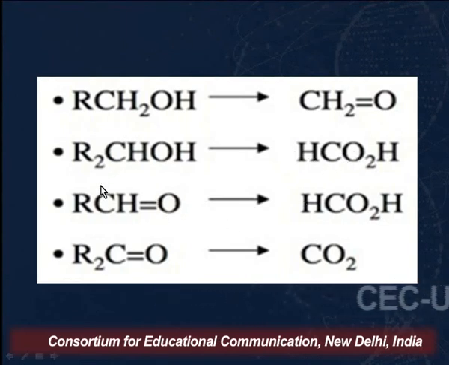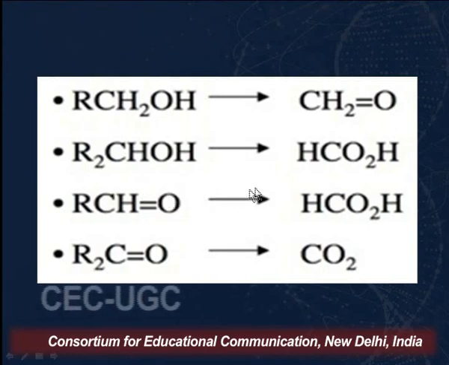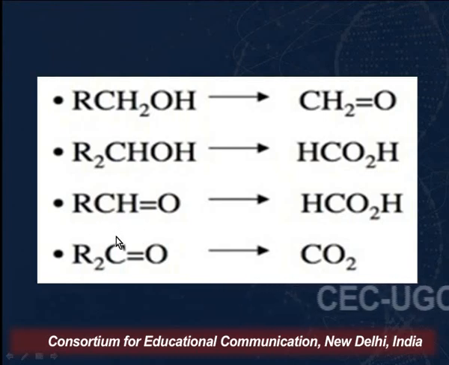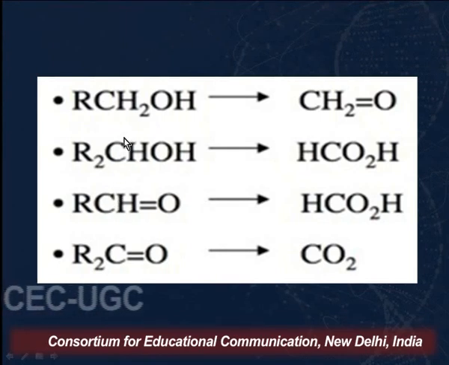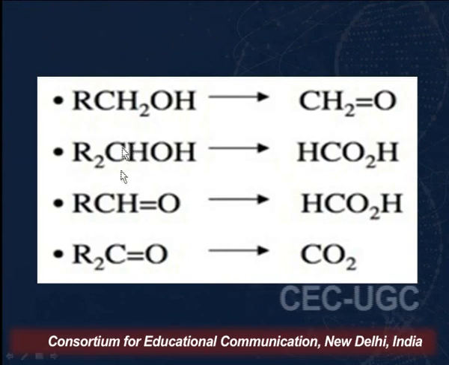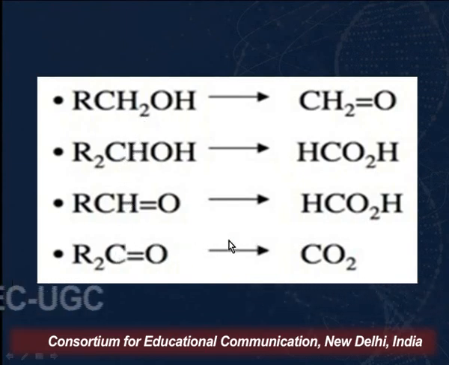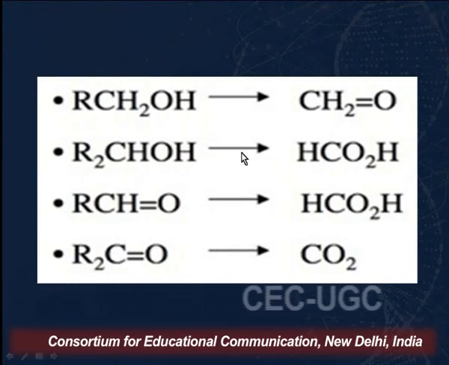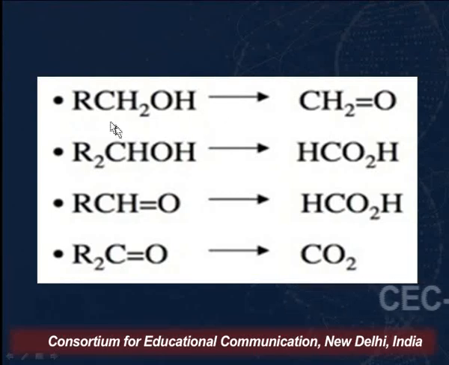And if it is an aldehyde group, which will always be at the first carbon, it will again be converted into formic acid. And if the group is ketonic, that is, sandwiched between two carbons to which alcoholic groups are attached, then it will be converted into carbon dioxide. So this is the most important table in the whole lecture, which will tell us which group will be converted into which.